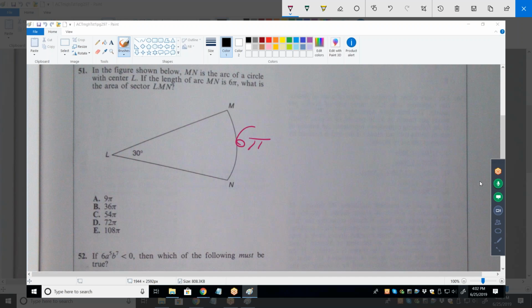And work me through your logic here, because there's a number of ways you could go. Is there a formula to do this? Because if there is, I can't remember it. Yeah. What's the full circumference of the circle if I were to draw this full thing? So the full circumference is 2 pi r.